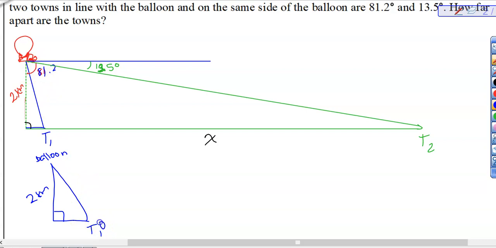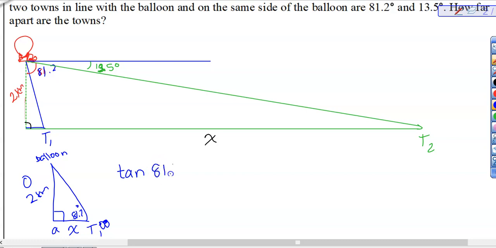Because if my eyes are down here and I'm looking up, am I not going 81.2 degrees? So I'm just going to transfer my 81.2 degrees to the angle of elevation. And now, can I find the distance from the base of the balloon to the town, which is a horizontal distance? For sure, right? So that's opposite and adjacent. So we'll use tan.